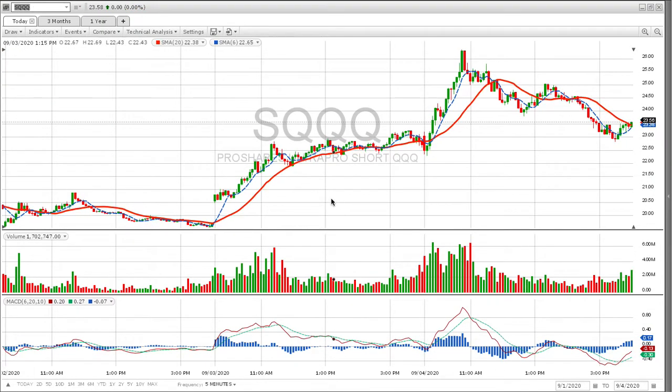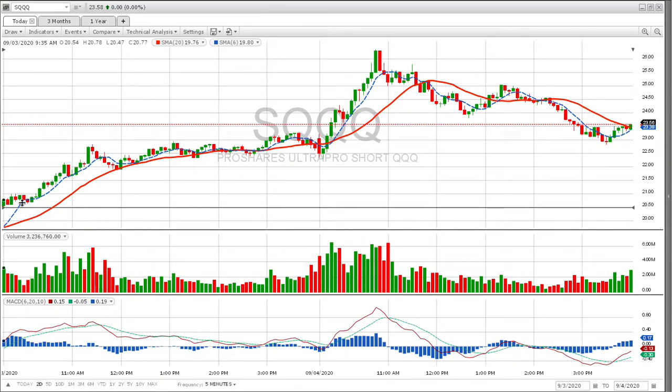Okay, so again, we're looking at 5 days here, and when we had this move here, and then we bounced up, look at this volume being higher. Now this is a 5-day chart, so let's go to a 2-day so we can look closer at this. And I think what we did, we got in at 20.75, on this bar right here.